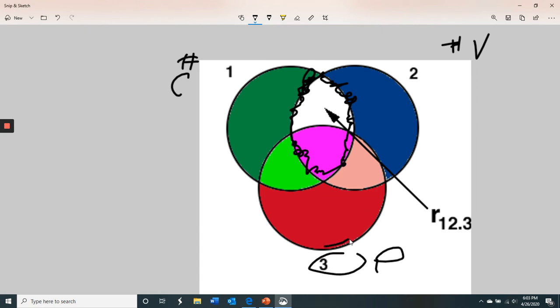The population comes in here, overlaps with the number of violent crimes, and it overlaps with the number of churches. So there's this part here that population overlaps with both violent crime and the number of churches.